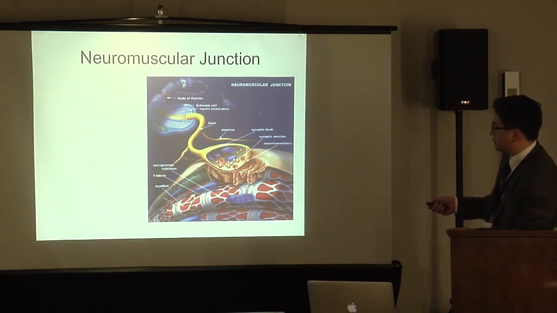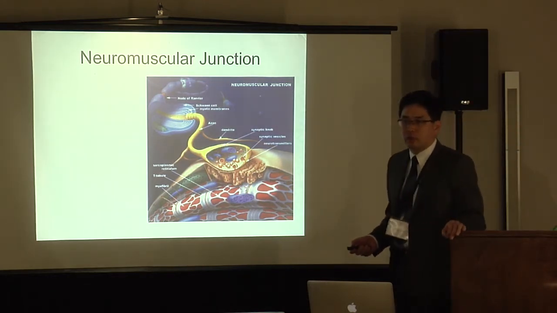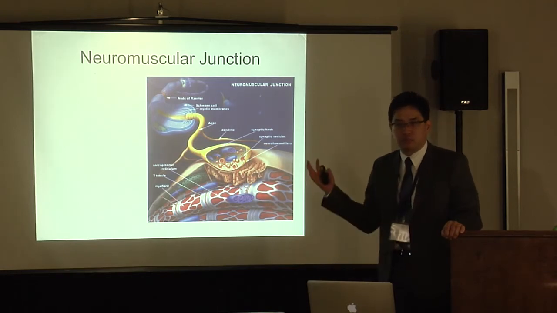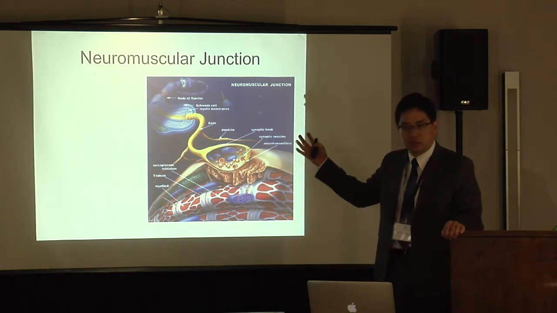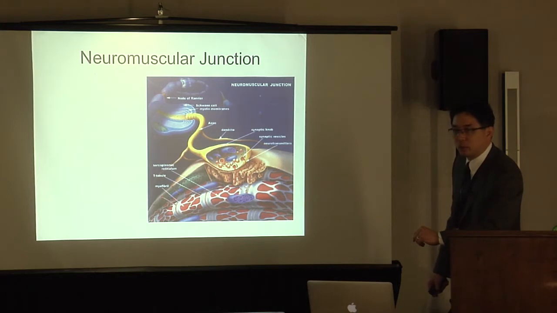And so these vesicles here that look like little balls actually contain chemicals, and that chemical is what we call a neurotransmitter because it's a communicating chemical between the nerve and the muscle. And that neurotransmitter for muscles is what we call acetylcholine. So each of these little balls are waiting to be deployed out into this area, this neuromuscular junction, when it's told to go out and communicate.